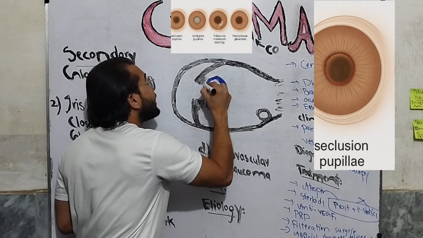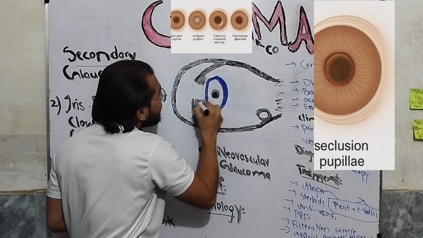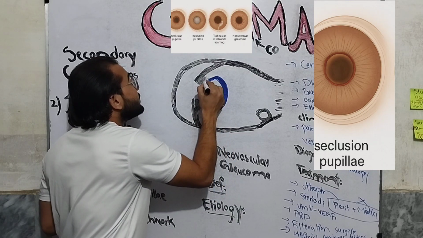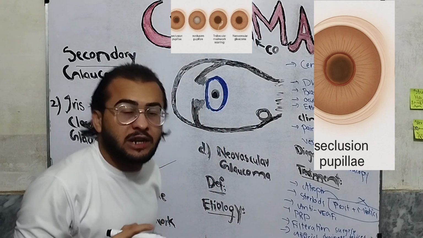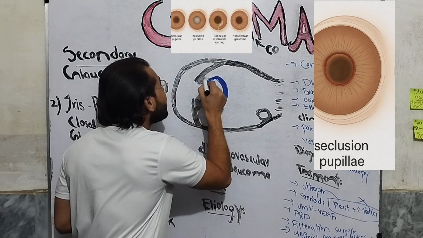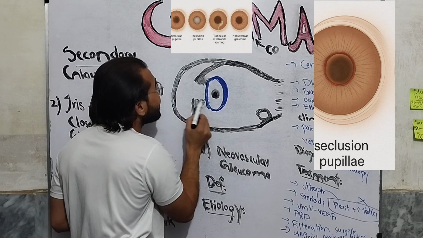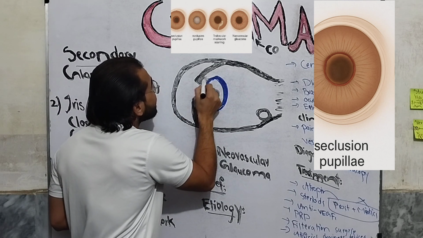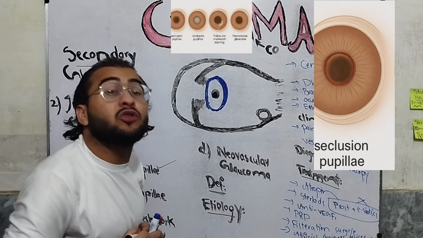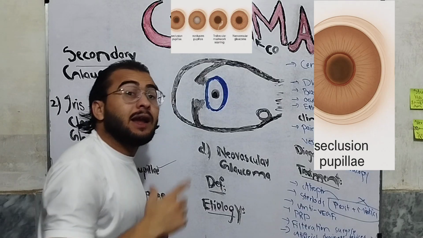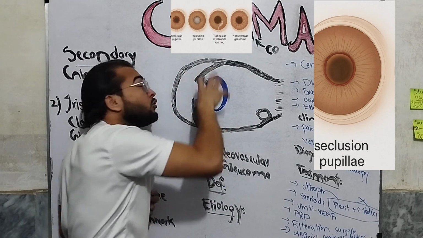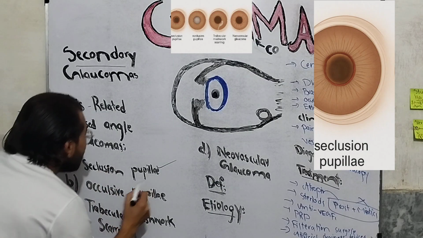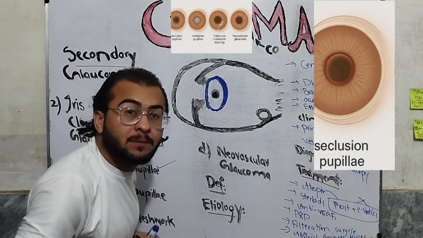This adhesion will block the pupillary outlet. This adhesion between the iris and the lens is called posterior synechia, and this occlusion pattern is called seclusion pupillae.